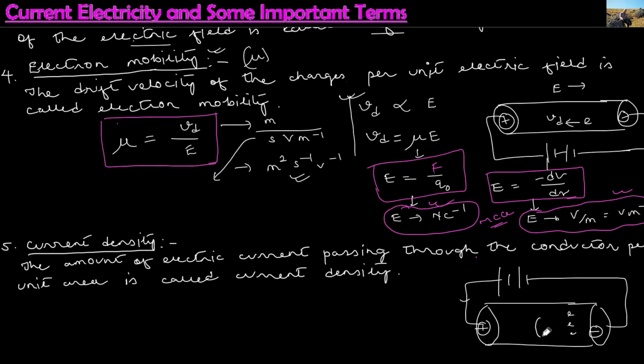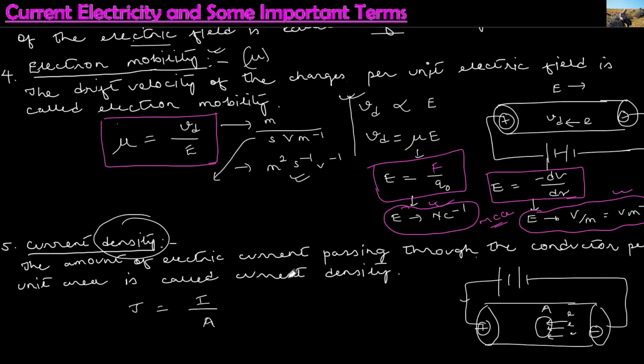Suppose I consider a small elementary area, and let that area of the wire be A. When these electrons pass through that cross-sectional area, it measures the amount of density. By definition, current density is defined as the current per unit area.